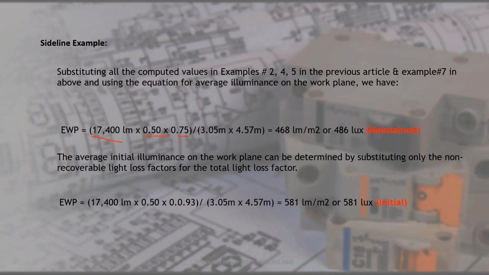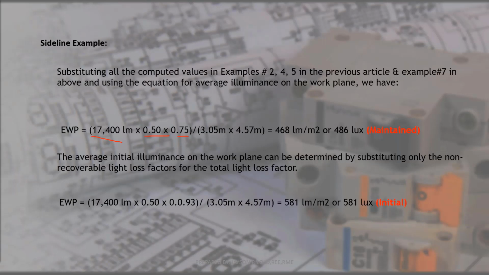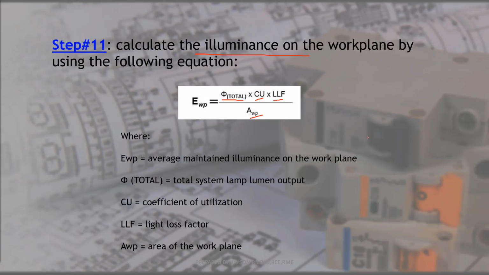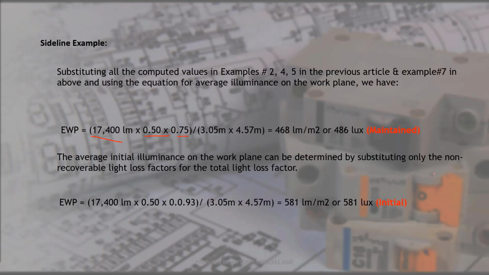Then we have the formula CU and LLF, divided by the area of the work plane. So the area of the work plane we can use from the earlier data. So you get 468 lumens per meter squared, meaning you have 486 lux maintained.